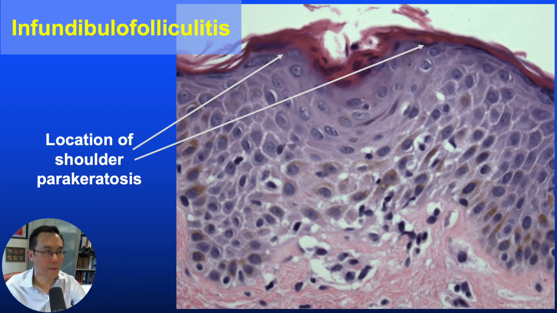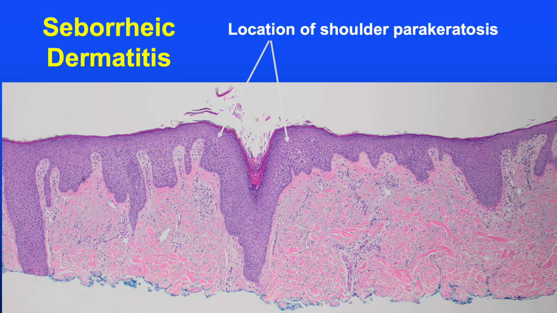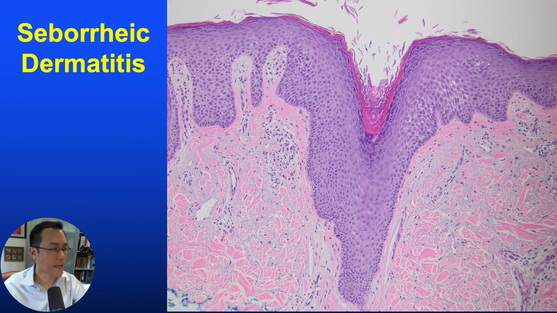The shoulder parakeratosis of sebderm refers to that junction of epidermis and follicular infundibulum, shown here with associated parakeratosis and underlying follicular spongiosis in a vellus hair follicle, and here in a terminal hair follicle. And so again, the shoulder is the epicenter of the action in seborrheic dermatitis, that angle of the epidermis joining the follicular infundibulum.